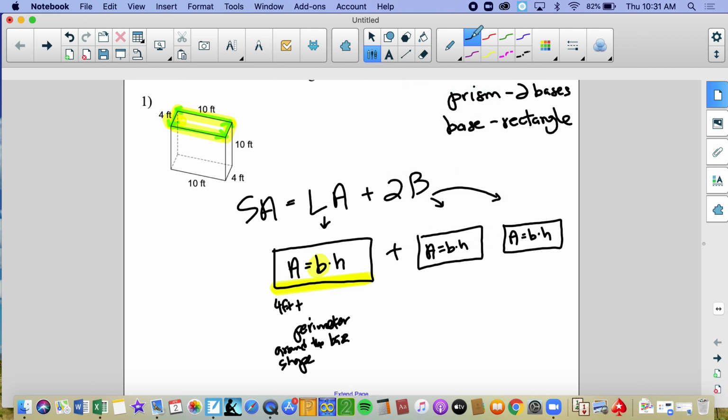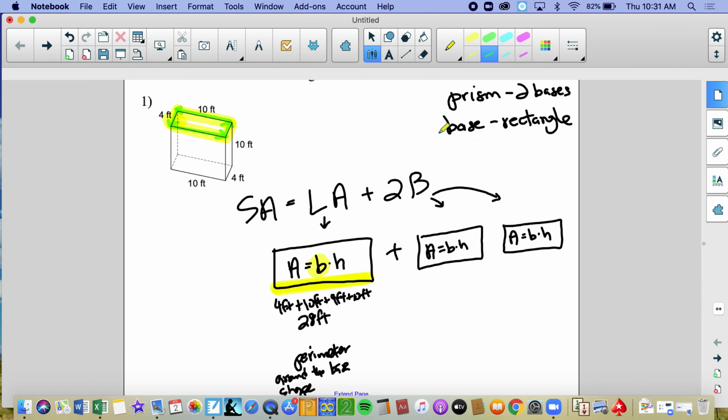So 4 feet plus 10 feet plus 4 feet plus 10 feet will give me the base of my lateral area rectangle. If we add all those up, we get 28 feet. So the base of my rectangle that represents the lateral area is going to be 28 feet.